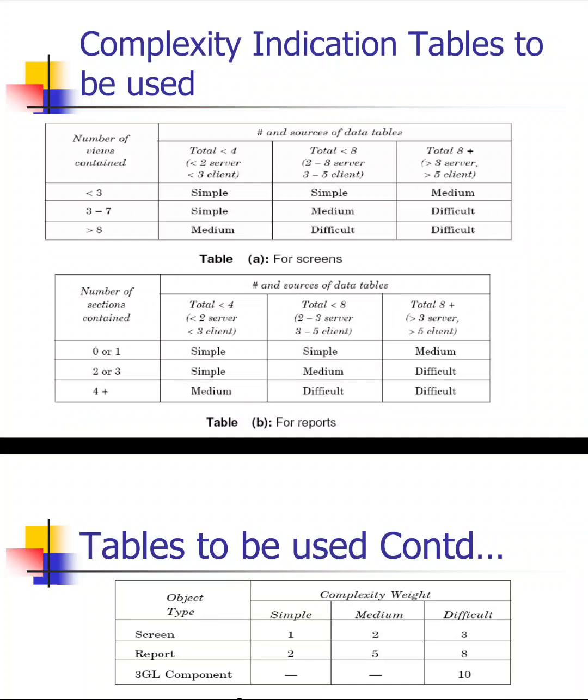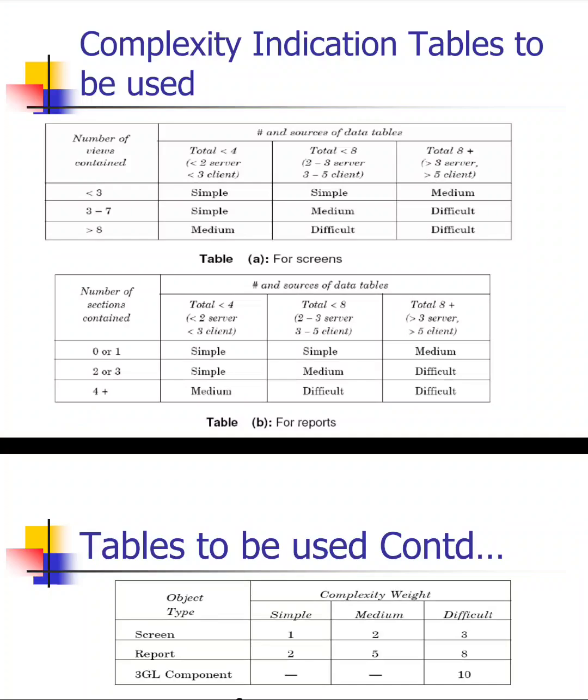If the number of views is less than 3 and the total of servers and clients is less than 4, or less than 8, or 8 plus, then we describe their levels of difficulty. It could be simple, medium, or difficult. These are the tables which are given, and we have to work accordingly.